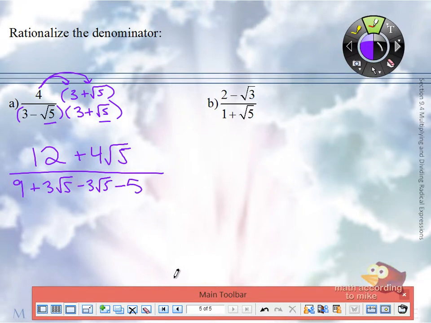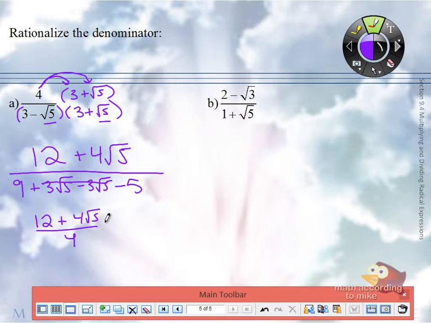By design, what happens to the 3 radical 5s? And 9 minus 5 makes 4. Now, notice, this cleans up.